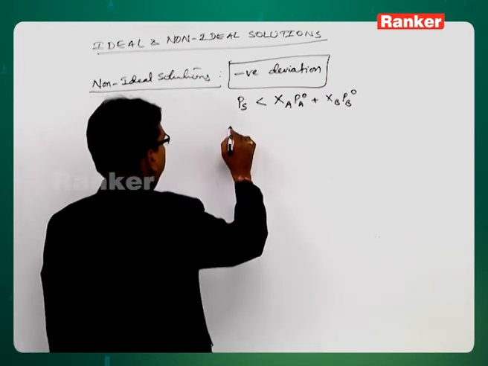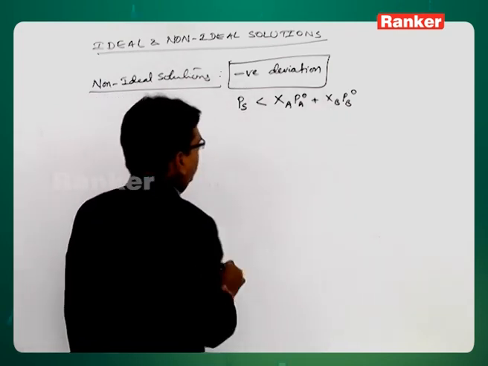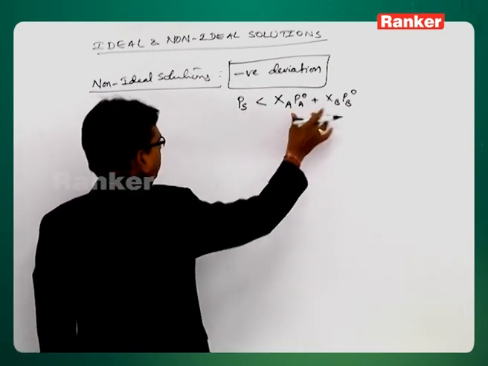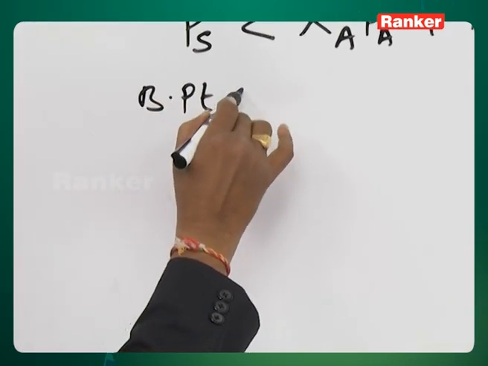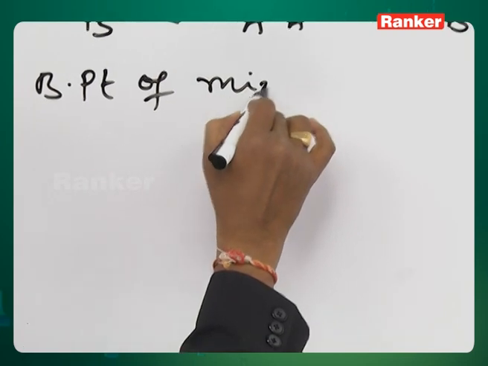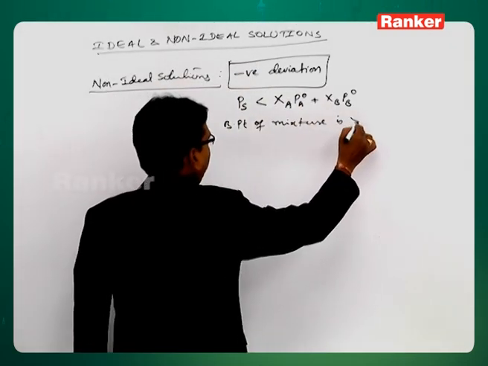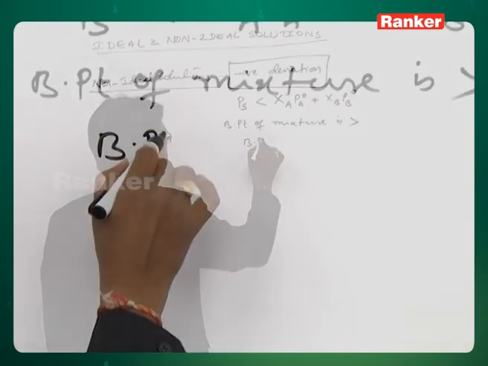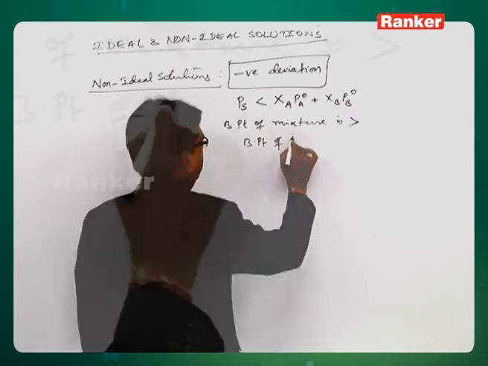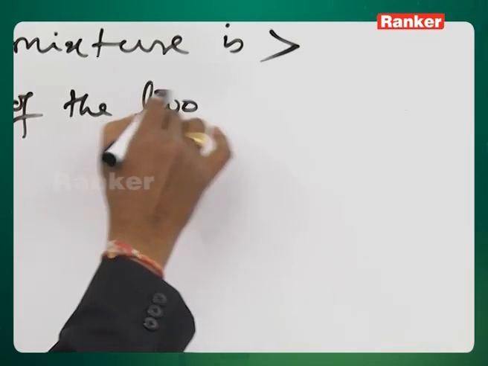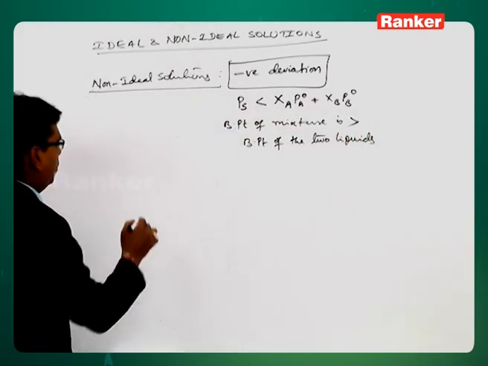In this case, the vapor pressure of the solution is less than the sum of the partial vapor pressures of the two liquids. So, the boiling point of the solution is greater than the boiling point of the two liquids.